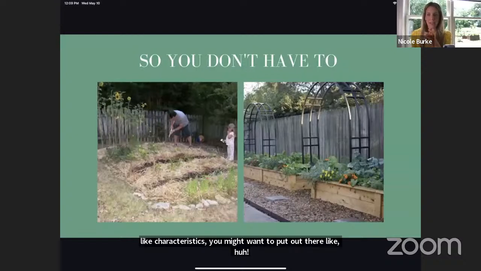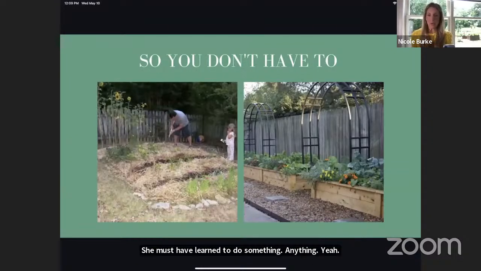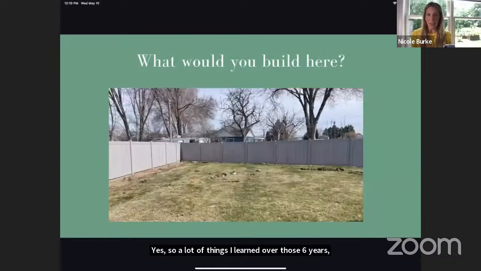Yeah. Raised beds for sure. Trellises were added, more structure. Love that. Very lush, much more organized, symmetry, paths. Yes, I love it. You guys are picking up on it right away. A lot of things I learned over those 6 years, and I made all the mistakes, and I'm going to make sure that you don't have to make them. Okie dokie. All right, so let's start with mistake number 1.